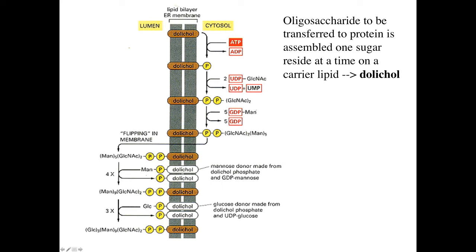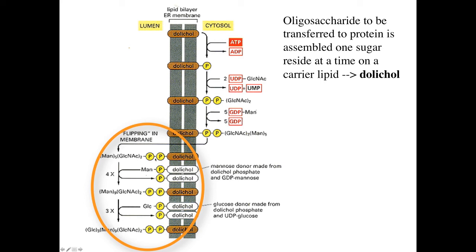Concurrently, as that molecule flips, additional Dolichol molecules are phosphorylated, and mannose is added to them, and then glucose is added to them, and these are transferred onto the Dolichol that had the mannoses and N-acetylglucosamines added.